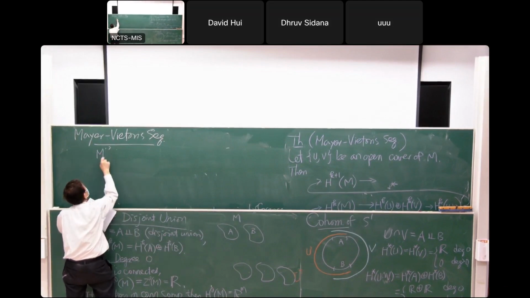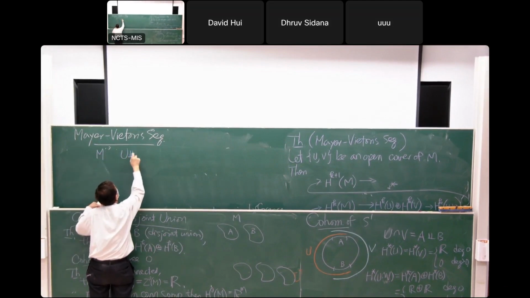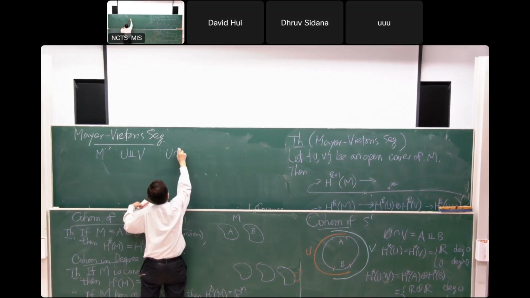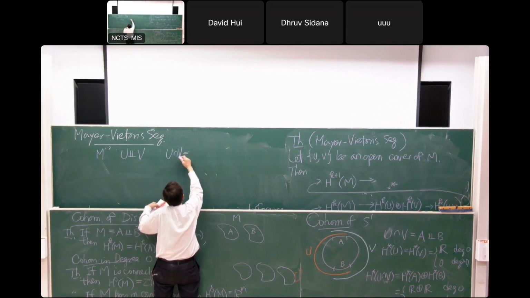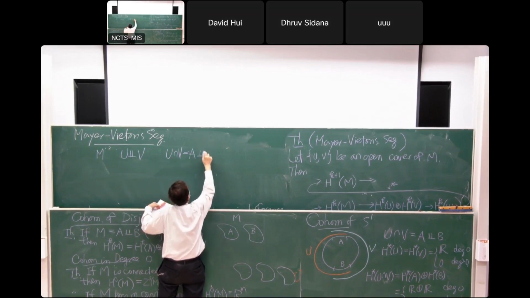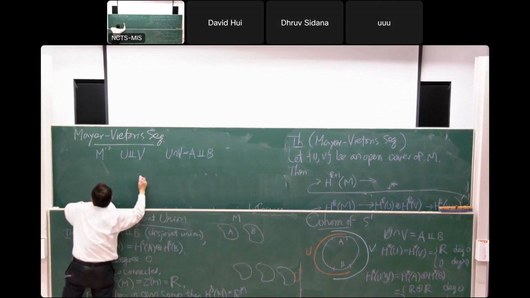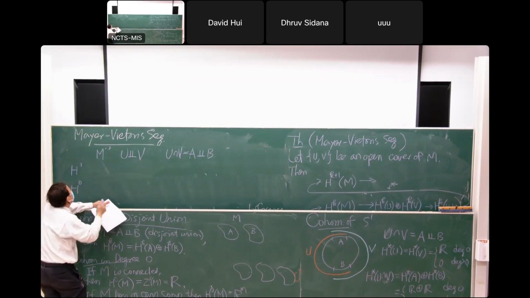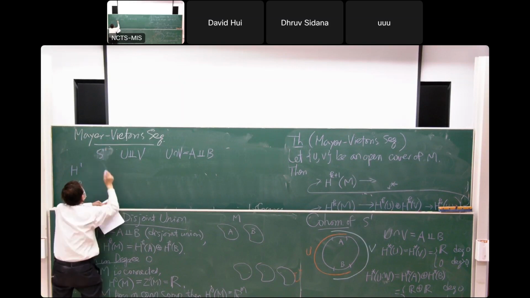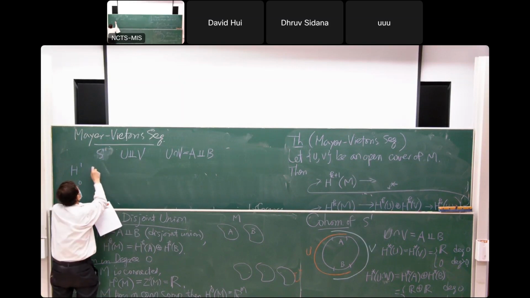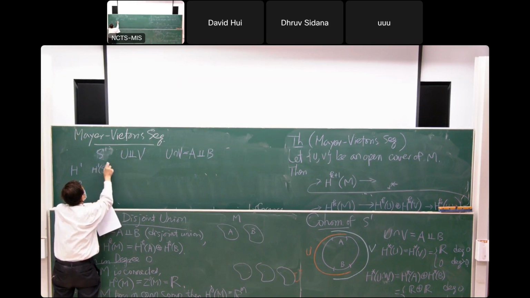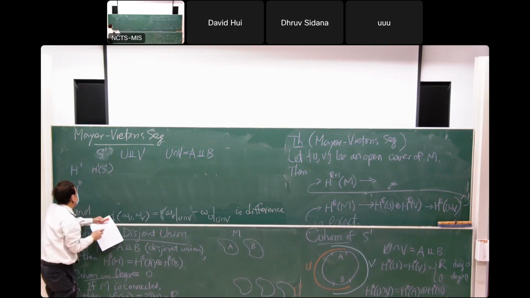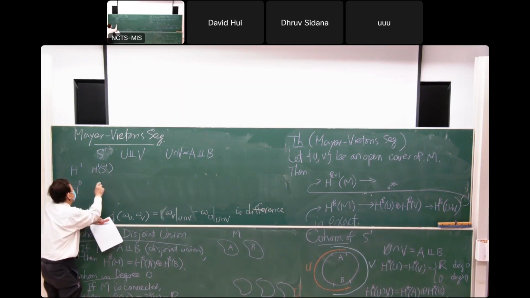I have M, and then I restrict to U union V, and then restrict to the intersection and take the difference. The intersection is the disjoint union of A and B, okay? And we write down H1 and H0. Oh, M is just S1. H1 of S1, we don't know. H0 of S1, well, because S1 is connected, H0 is just R.